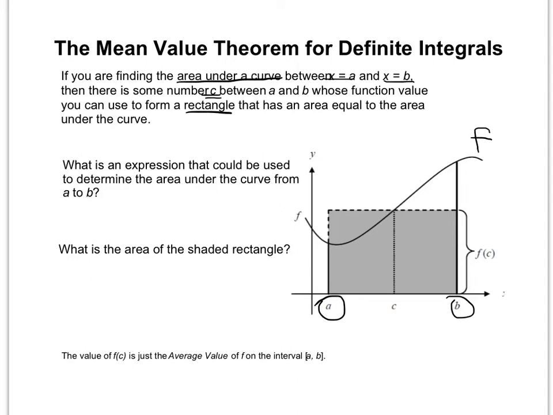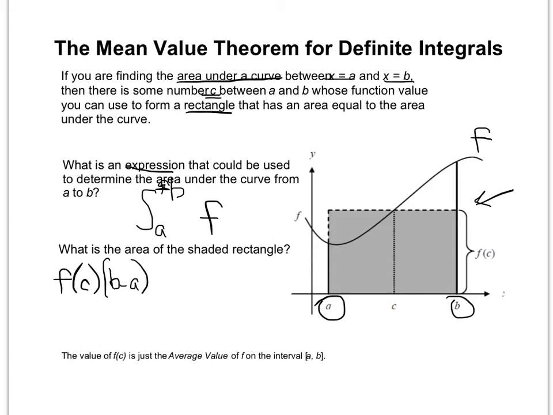So in other words, the area of this gray shaded rectangle is equal to the area under the curve. What is the expression that can be used to determine the area? Well, that's an integral. The integral from a to b of the function f is the area under the curve. What would be the area of the shaded rectangle? Well, area of a rectangle is its height times the length, which would be f of c times b minus a.